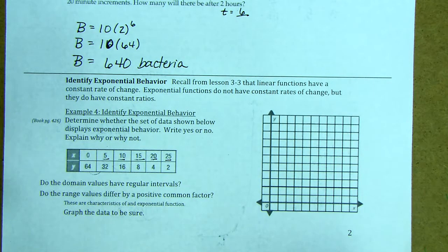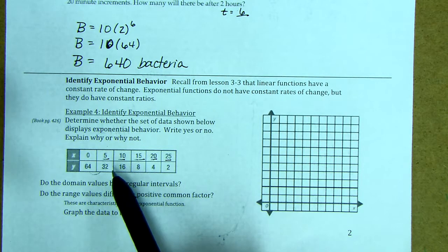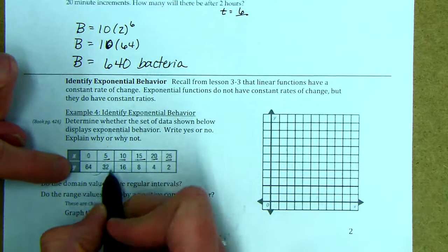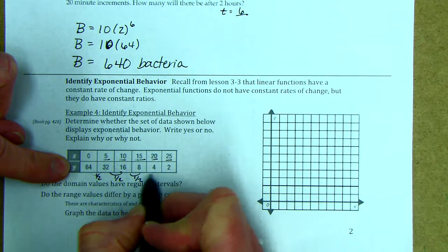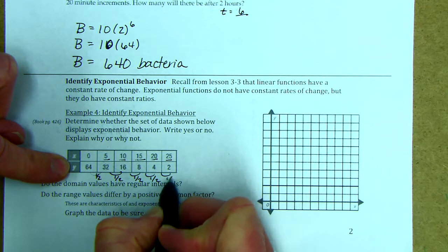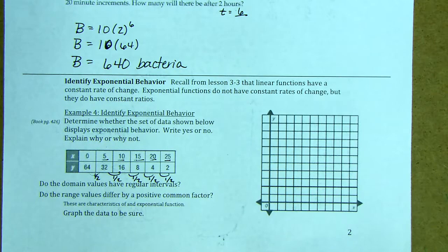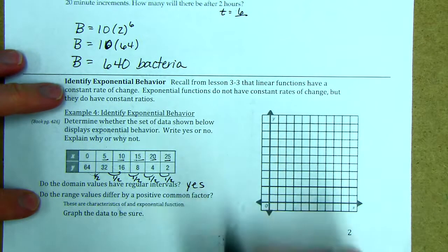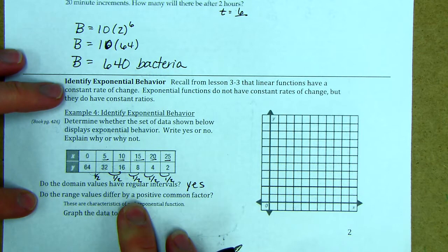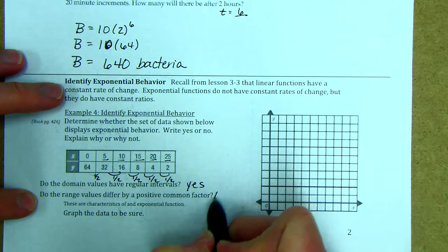Now remember, multiplication can look like division if you're multiplying by a fraction. And why do I say that? Well, because what did we do here? 1/2, 1/2, 1/2, 1/2, 1/2. That is a constant ratio. We're multiplying by 1/2 every time. So do the domain values have regular intervals? Yes, they do, because they're going by 5s. Do the range values differ by a common factor? No.